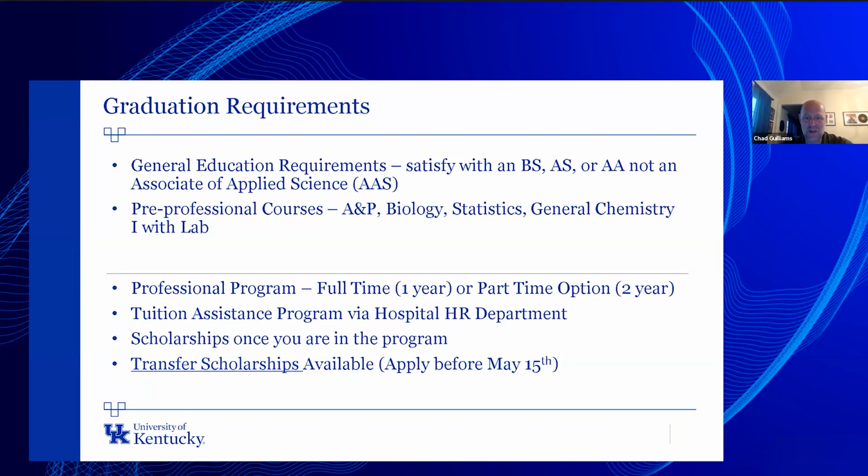You can go to a different hospital that has tuition assistance and get them to pay for your degree. You can talk to somebody in HR at your own hospital and see if they have a tuition assistance program. If they don't, and you're really serious about this and you don't want to pay out of pocket, you can switch to another hospital that has tuition assistance as part of their benefit package.